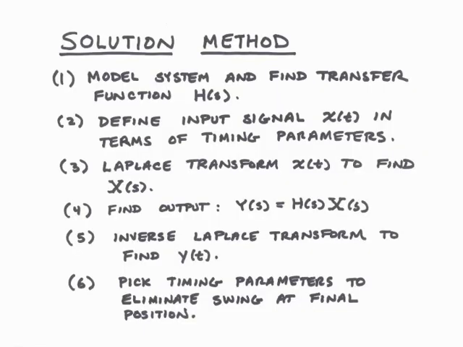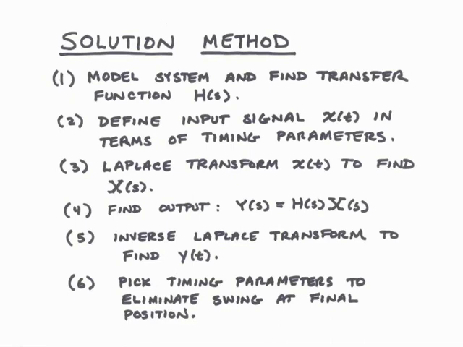Here is the solution method that we'll follow in this and the next presentation. It consists of 6 steps. First, we'll model the system and find the transfer function of it. Then we'll define the input signal, in this case it will be acceleration, in terms of some timing parameters. Then we'll find the Laplace transform of this input signal to find it in the frequency domain.